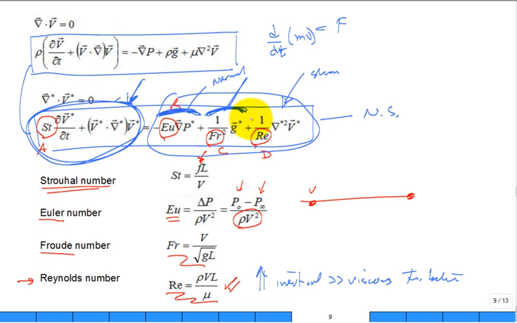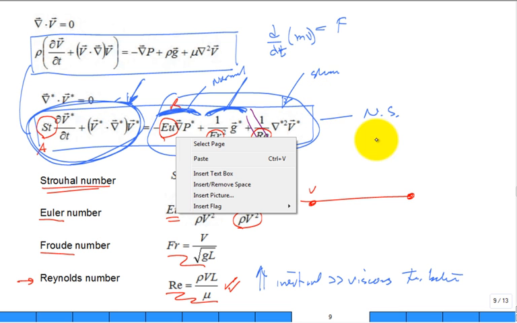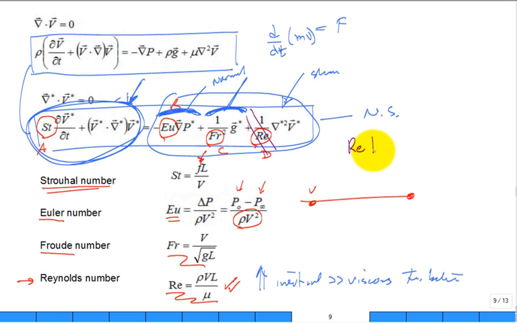So if this is neglected, is that because the Reynolds number is high, or the Reynolds number is low for this term to be neglected? Just look at the term again. If Reynolds number is very, very high, we would expect the inertial forces to be much, much greater than the viscous, so this could be neglected.